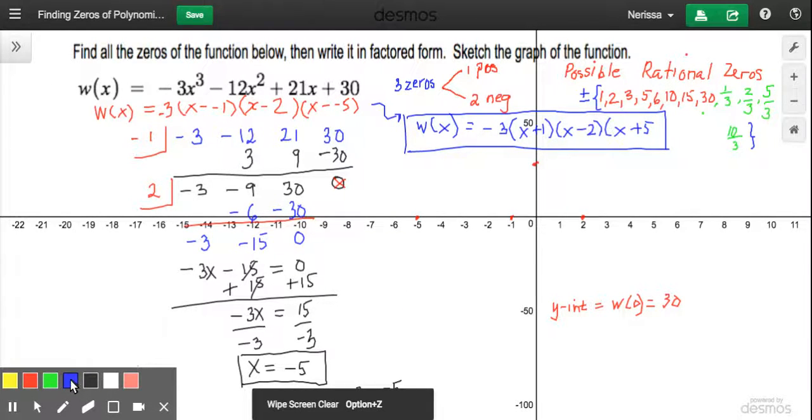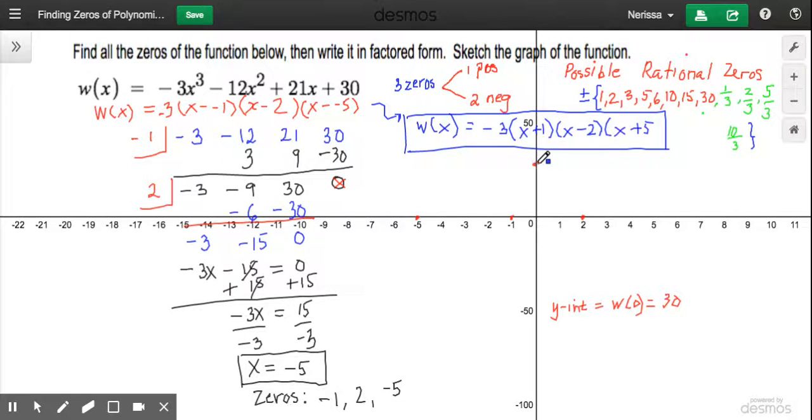So when we sketch, we know that we have to touch the y-intercept. We need to find out where it starts, and how it behaves on the left side of -5. We can also start here. So we know it's going to go through the y-intercept, so it has to come down for this, and it has to touch this.